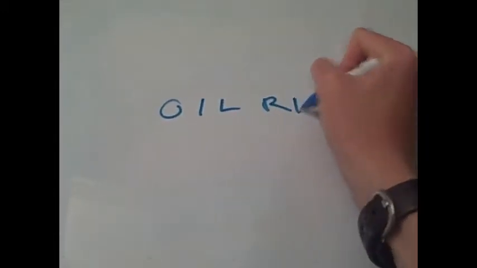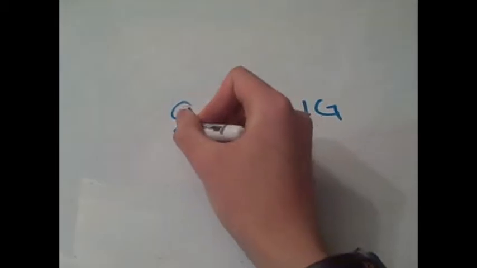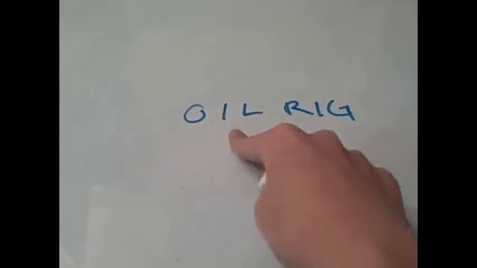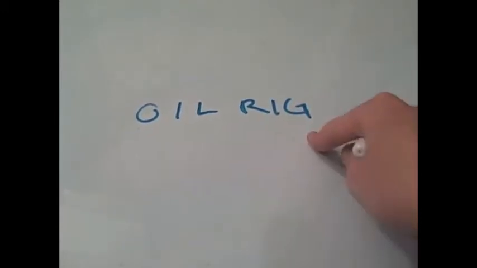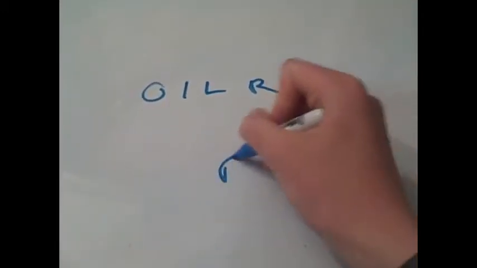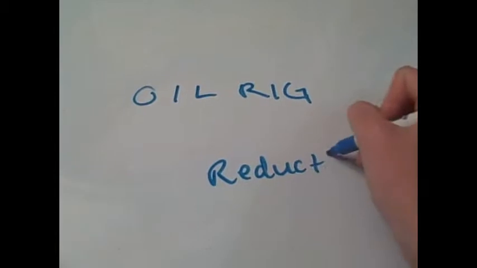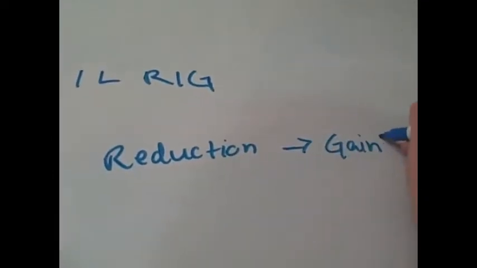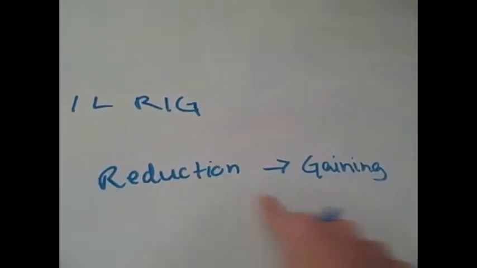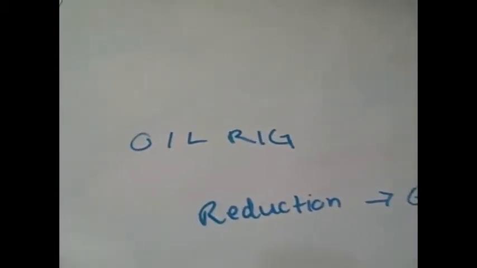So today we're going to look at some redox reactions just to clear some stuff up. To begin, remember OIL RIG: oxidation is losing and reduction is gaining. So it's the opposite. Reduction is actually gaining electrons, which is the opposite of what you would expect.